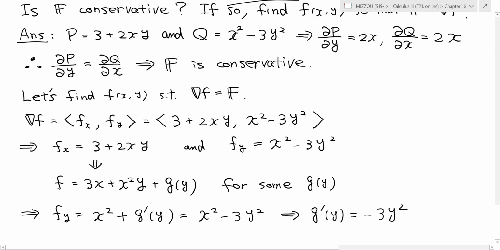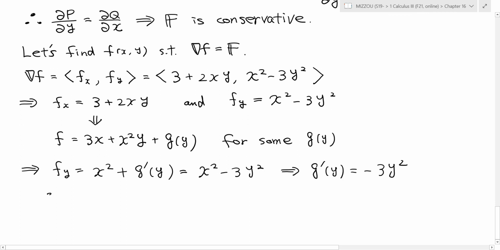Okay. So therefore, from this, you can recover g of y by simply integrating with y. In this case, the variable is only y, so you just integrate this with y in the usual way. So that is negative y cubed. But don't forget to add C. Let me use k instead of C for the constant of integration, k constant.